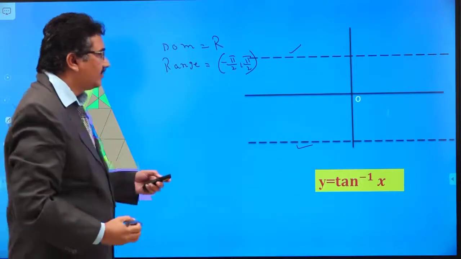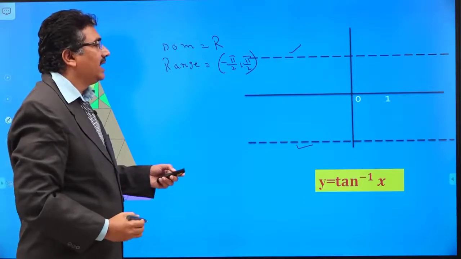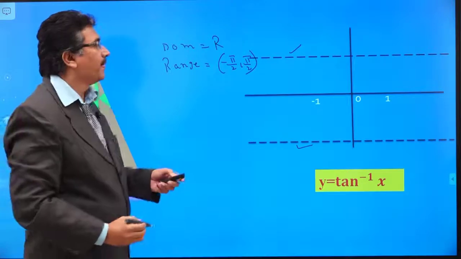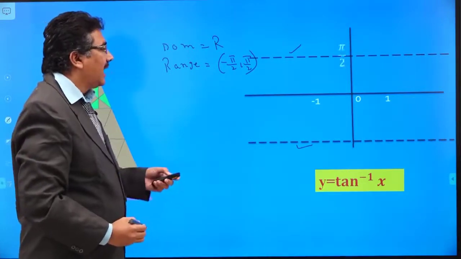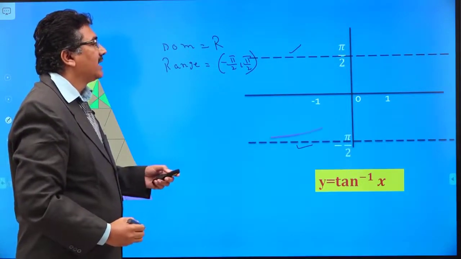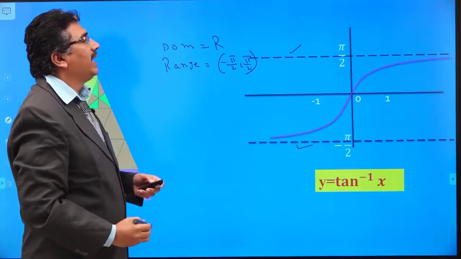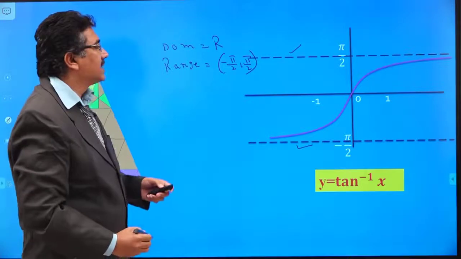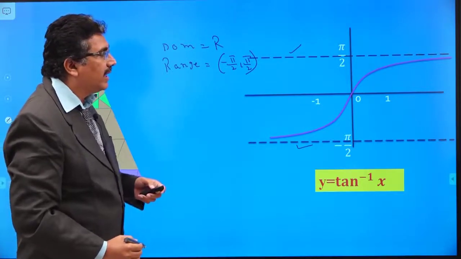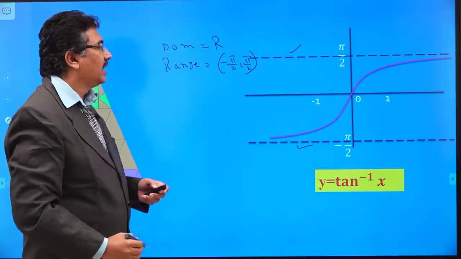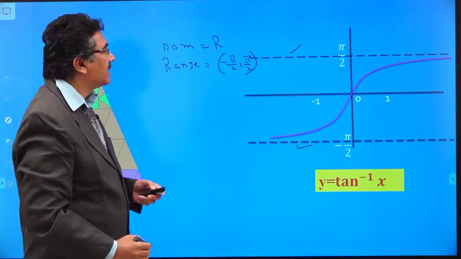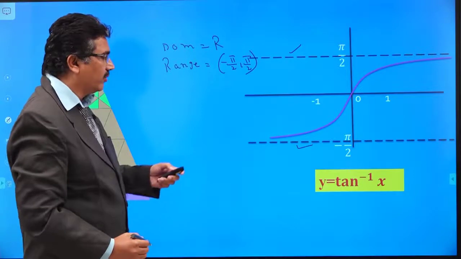If x increases from minus infinity to infinity, then tan inverse x increases from minus pi by 2 to pi by 2.